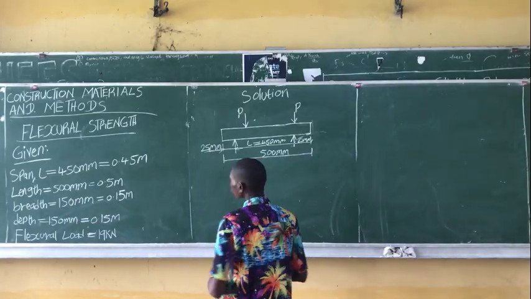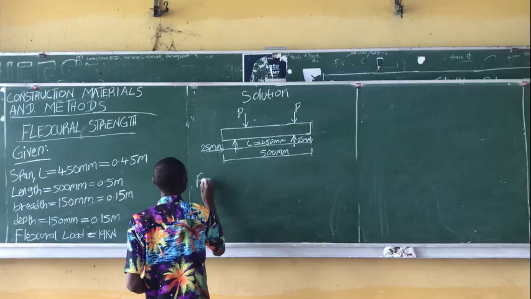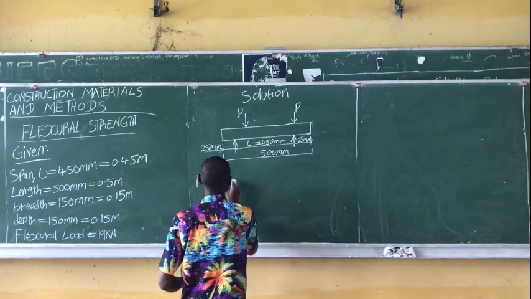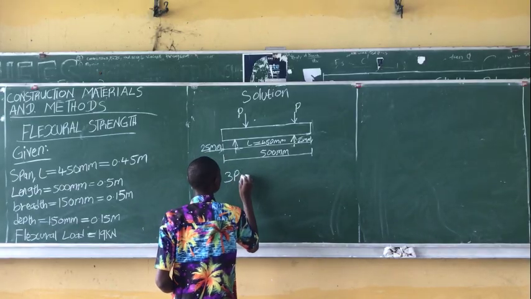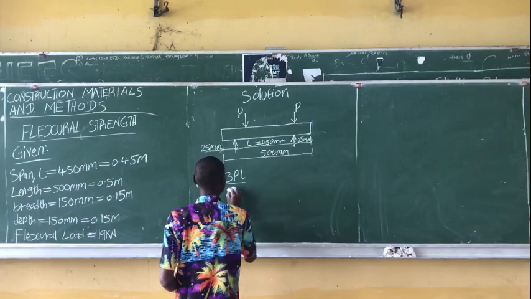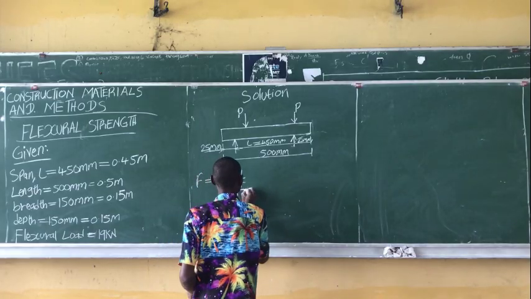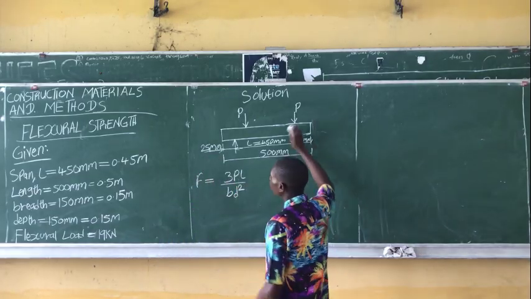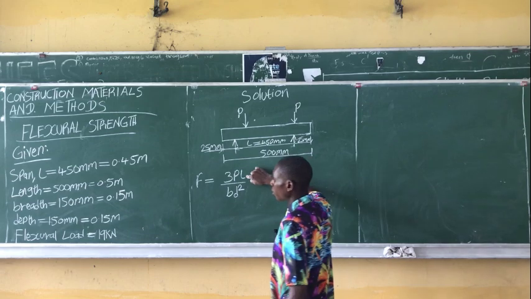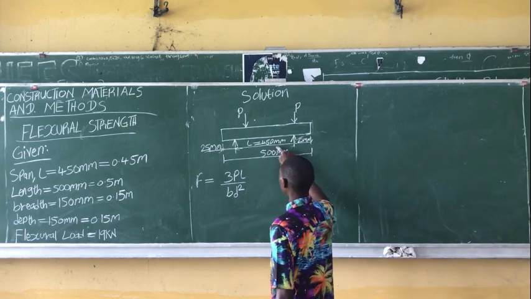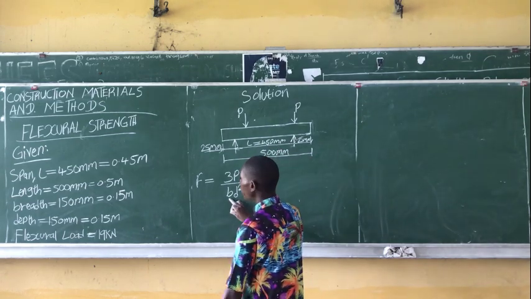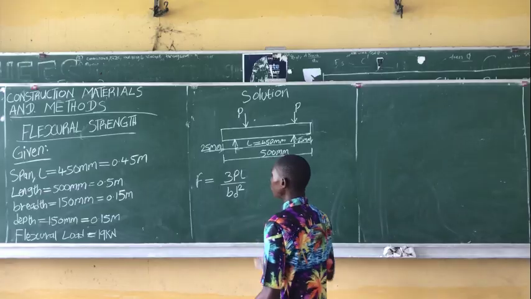So the flexural strength is given as 3PL all over BD squared, where P is the flexural load, L is the span, B is the breadth, and D is the depth.